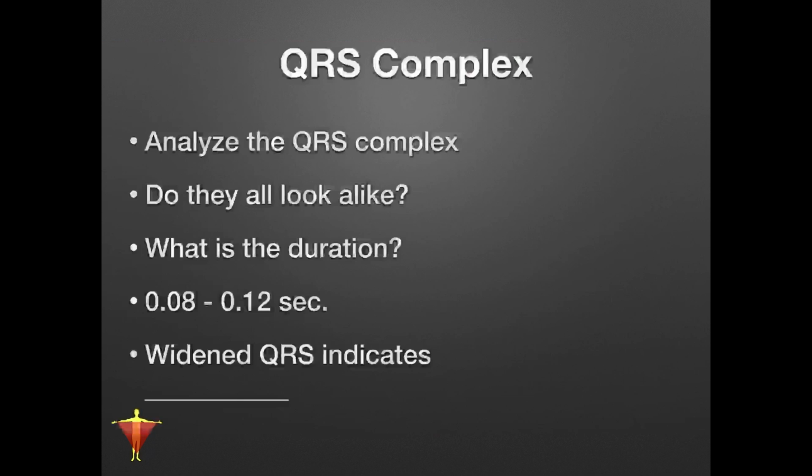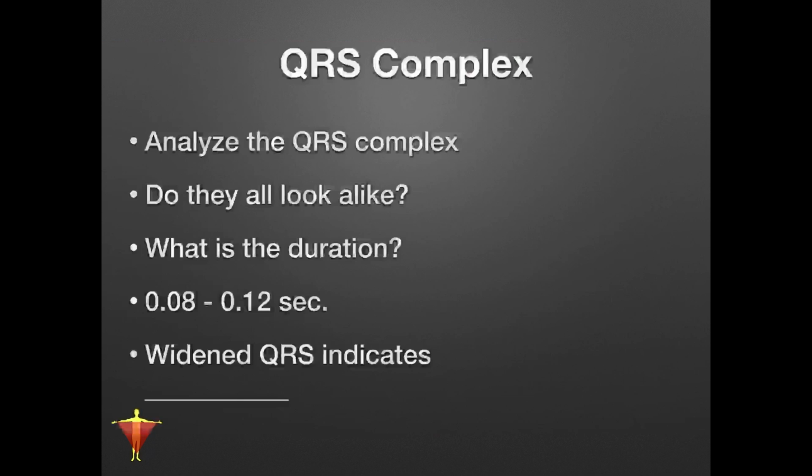How many small boxes is that? Well, if we remember, one small box is 0.04 seconds, right? So somewhere between 2 boxes wide and 3 boxes wide would put it within this range. And it's a fairly small range, but the QRS complexes can be narrow like that.